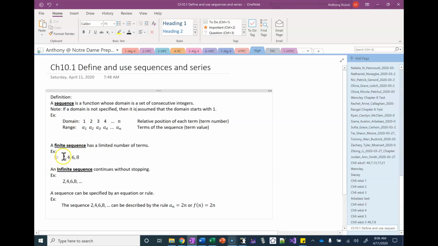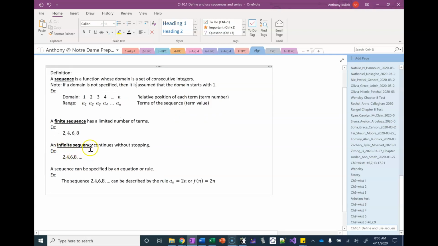It's the first number that appears in that sequence. The second term is 4, so a2 would be 4 because it's the second term in the sequence, and so on and so forth. But we have exactly 4. There's a limited number of terms, so this is considered a finite sequence.